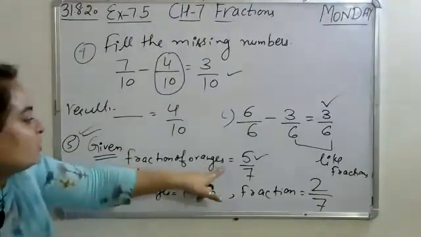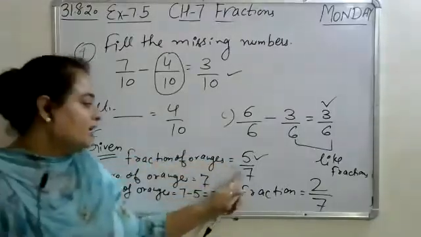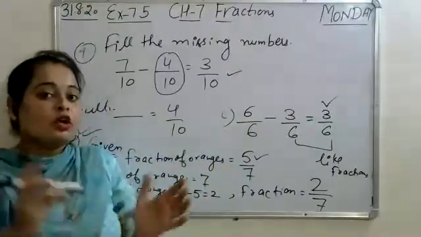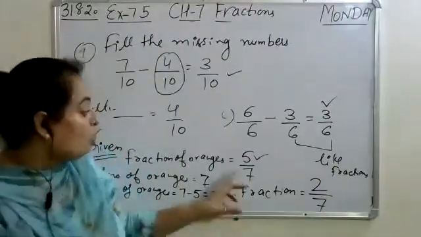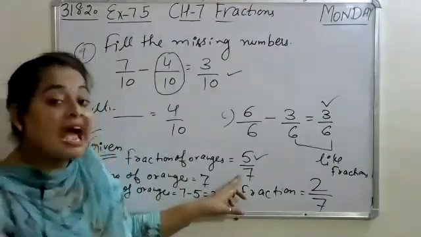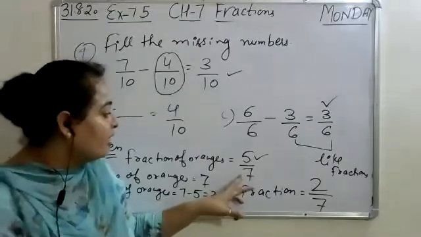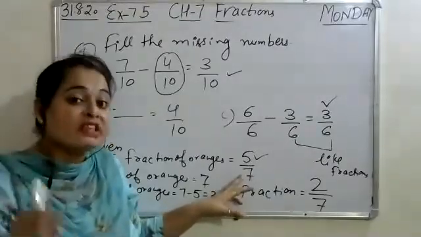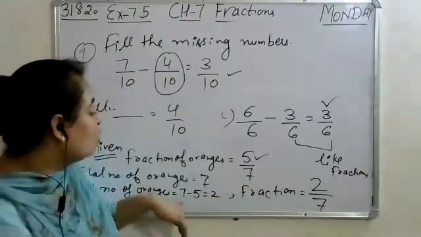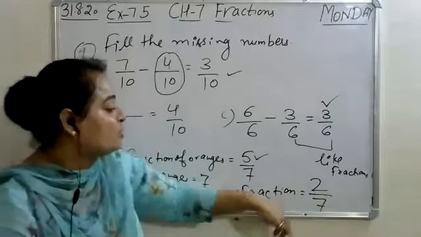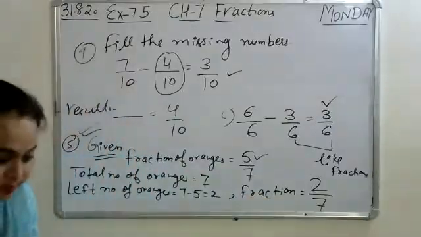Fraction of oranges 5/7. In a fraction, the denominator will always represent the total. So total number of oranges we have is 7. Out of 7, 5 oranges are with Javed. So how many oranges are left? 2 oranges left. So in fraction, 2/7. Very good.